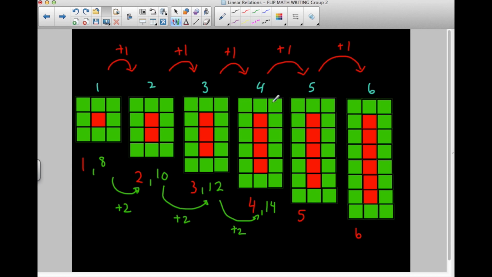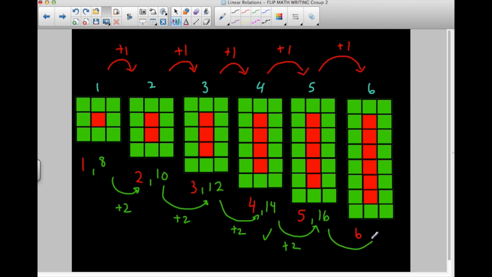1, 2, 3, 4, 5, 6, 7, 8, 9, 10, 11, 12, 13, 14. Great, this works. Let's see if we can do it again. 14 plus 2 is 16. Let's count again. It looks like this is working.